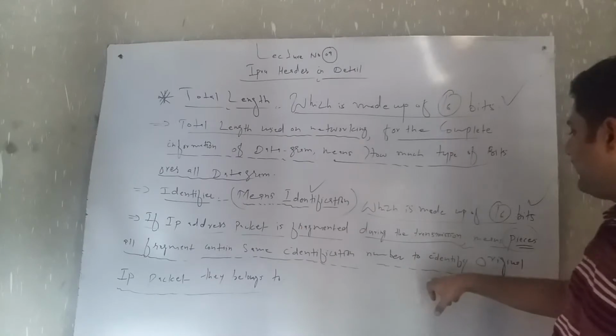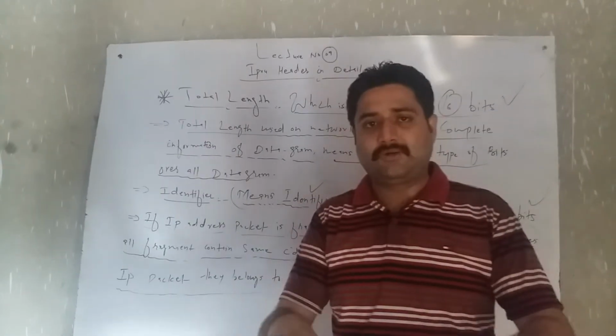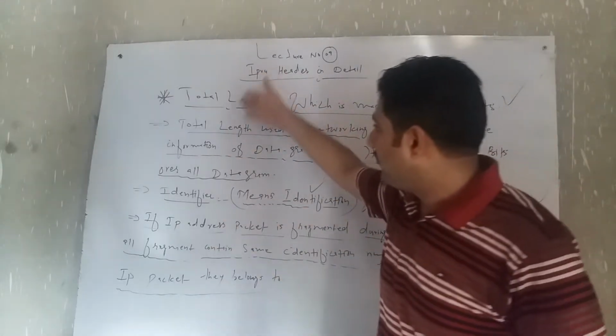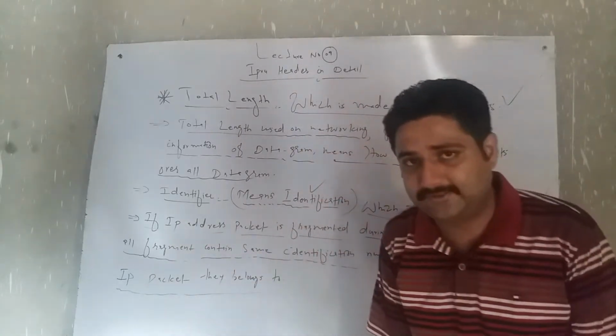All the small pieces carry the same identification number, to identify the original IP packet they belong to. Clear about both of these terms, total length and identifier?